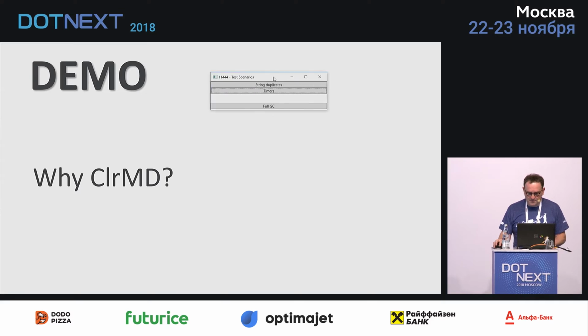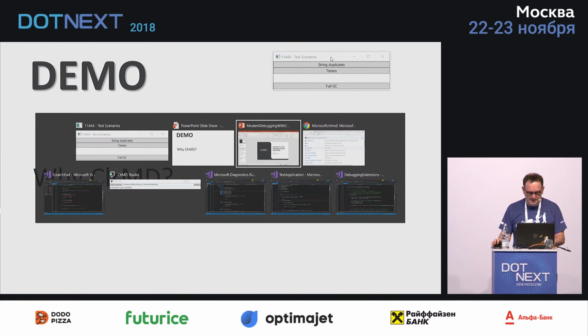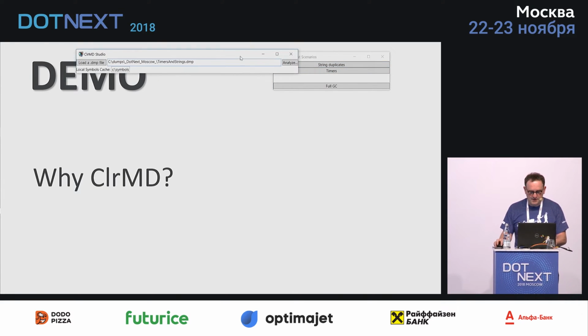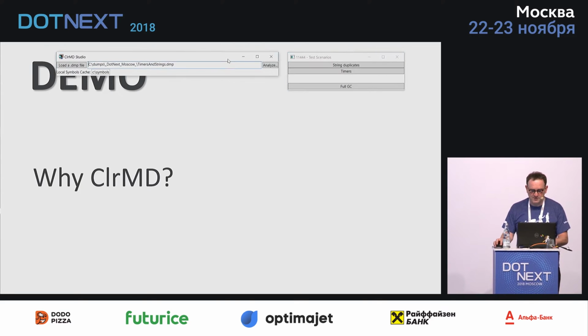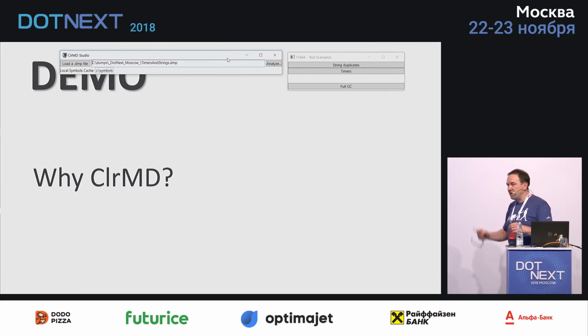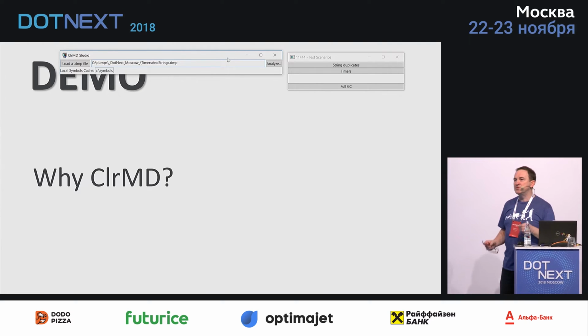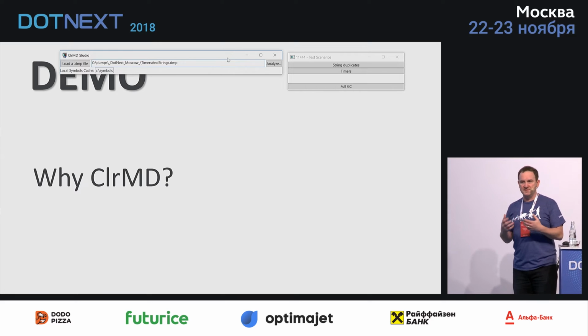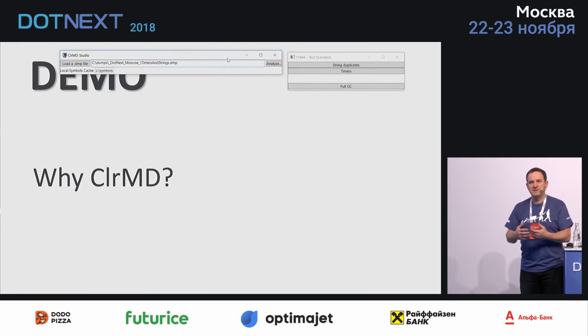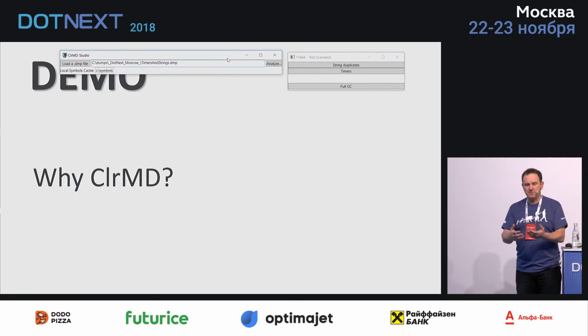And from this tiny application, I'm also writing a tool in WPF. You can see that the UI is even better than the previous one. The idea is, when you are doing an investigation, often you are doing the same kind of investigation. When you are doing your assumptions, you can imagine you say, okay, maybe it's a problem with the memory, maybe it's a problem with the CPU, maybe it's a problem with timers, maybe it's a problem with strings.